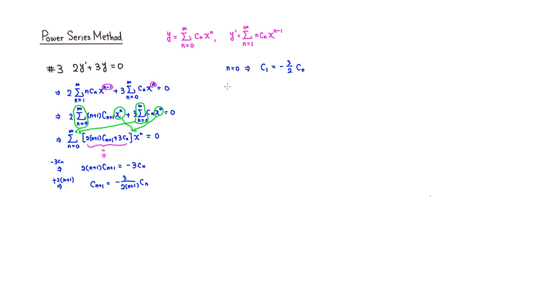Then how about n equals 1? When n equals 1, we get c_2 is equal to negative 3 over 2 times another 2, times c_1.